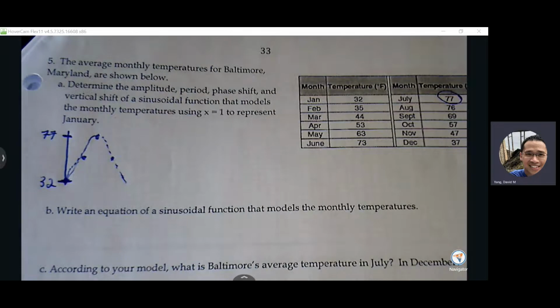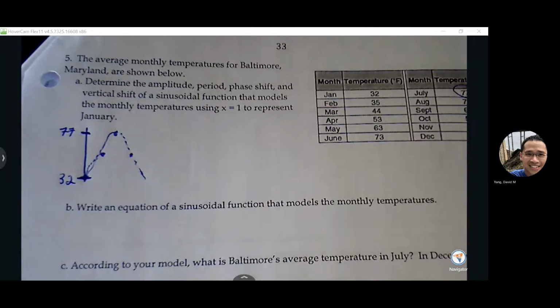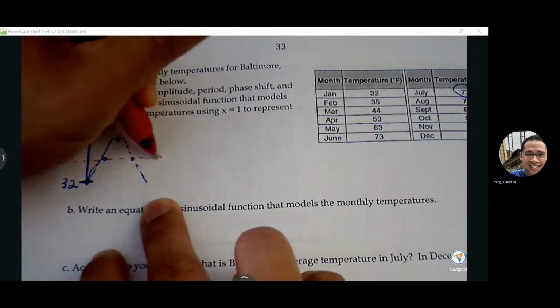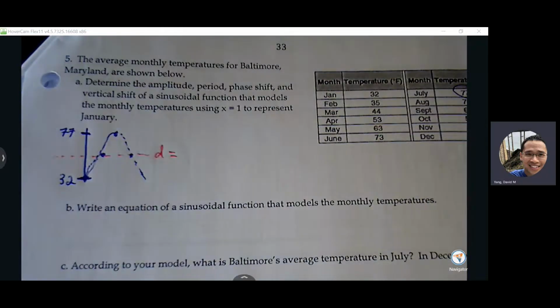Okay, so now from here, what information can we find? Midline, yeah. And again, the midline is just averaging the max and the min. So I can add 32 plus 77 divided by 2 and find the average between those two numbers.